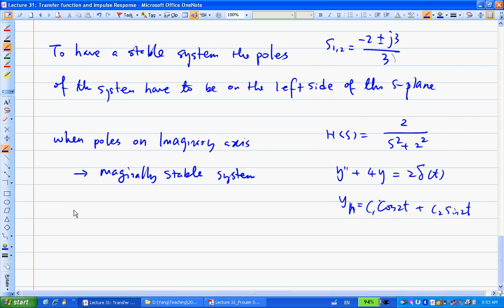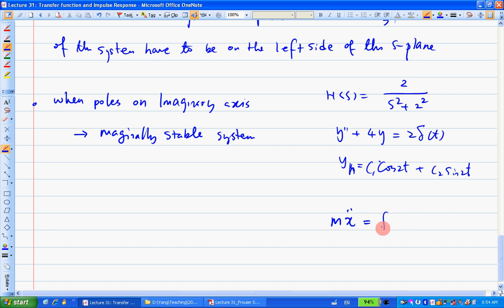So let's see. Yes, very good. Let me give you an example here. Let's say I have a system, m x double dot equal to f of t.